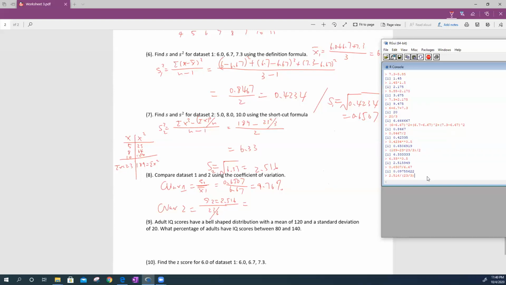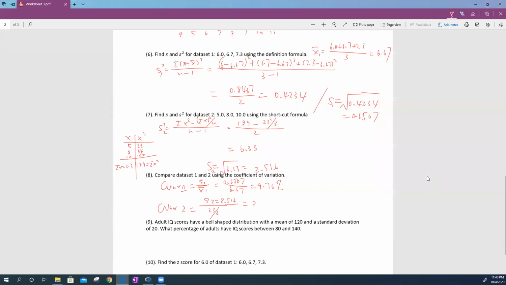Don't forget the parentheses. And then we got 32.82%. So coefficient of variation of the second data set is way larger than the first one. So that tells us data set 1 is more stable.